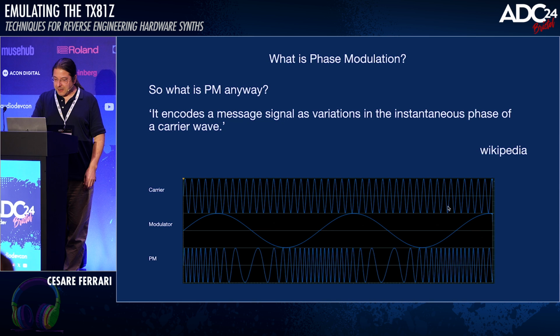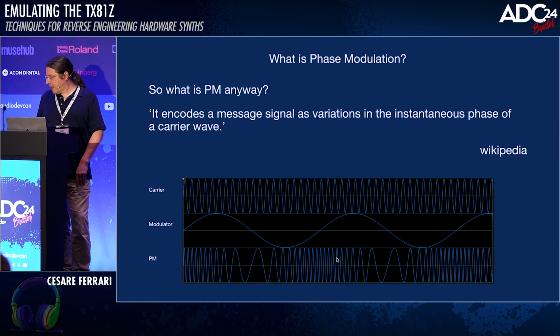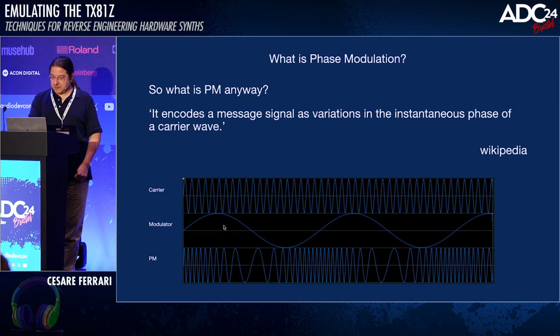As before, we've got a carrier and a modulator, and this is the phase modulated output. What I want you to do is imagine the experience of a siren, like the Doppler shift you get with a siren. Imagine the modulator is the position of the siren relative to you. If it's coming towards you, the pitch goes up.